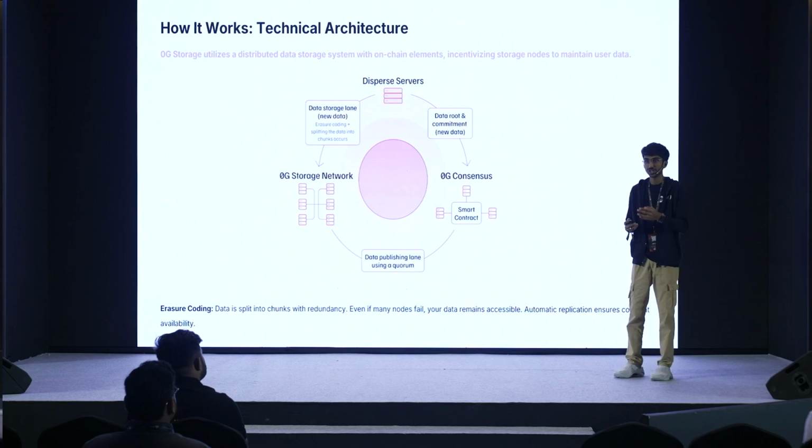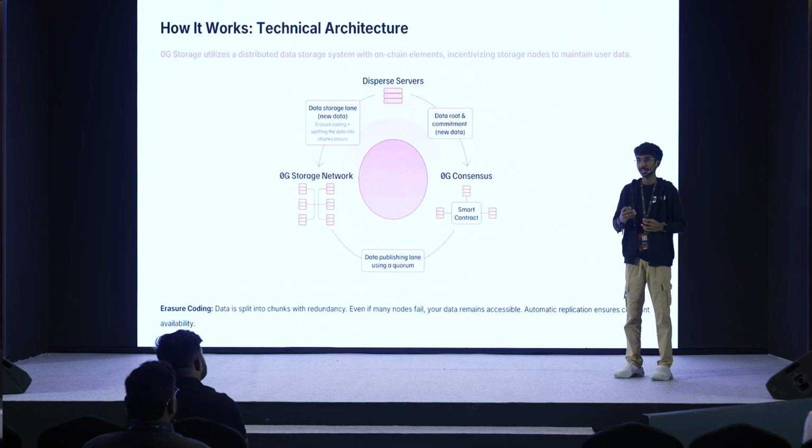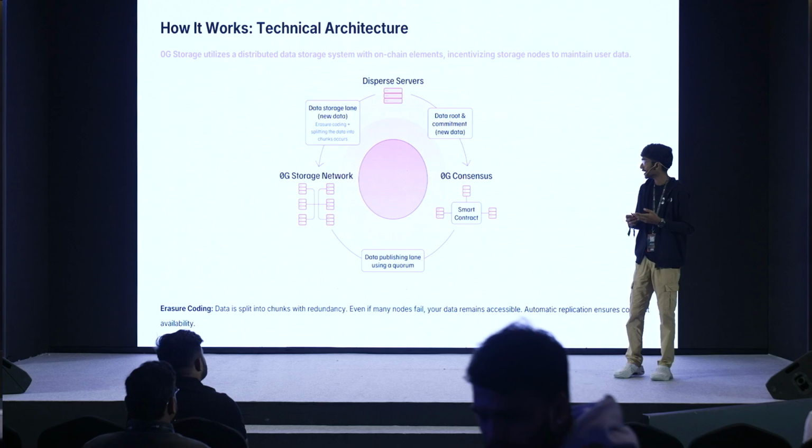On the data storage lane, the data chunks are distributed among multiple storage nodes on the Zero-G network. And each node signs and verifies the random data that it has received. This randomization is done using a verifiable random function, or VRF.